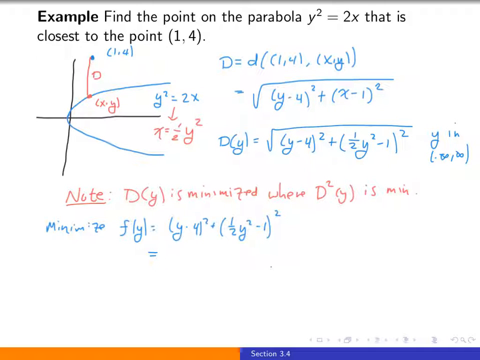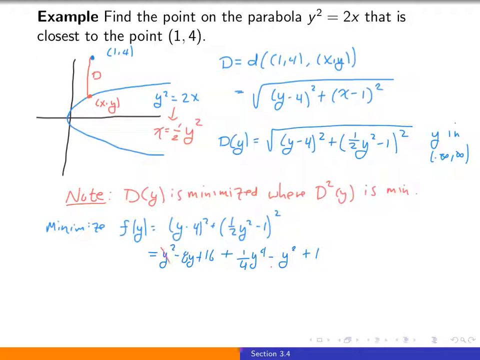So (y minus 4) squared is y squared minus 8y plus 16. And then we're adding on to this (1/2 y squared minus 1) squared, which is going to be 1/4 y to the 4th. And then we're going to subtract away, in this case, y squared, and then we are going to add 1.